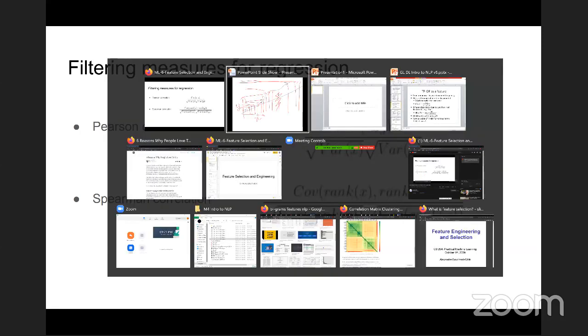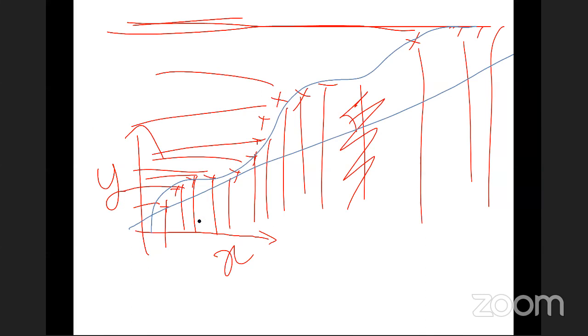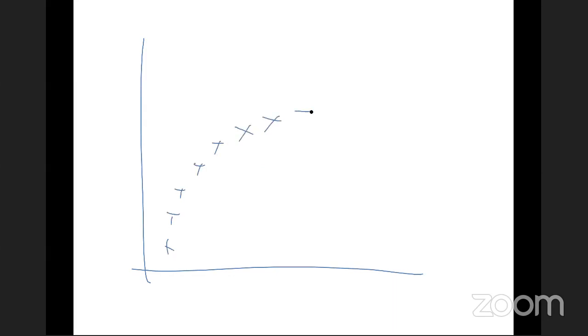Okay. So coming back to this example, if you have x-axis and you have y-axis, but your points lie something like this, you can see that they don't lie on a line, but if I take their ranks, what is rank?